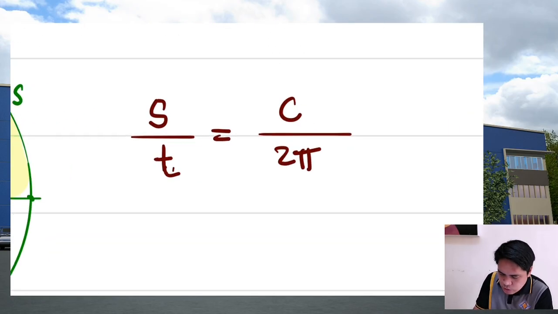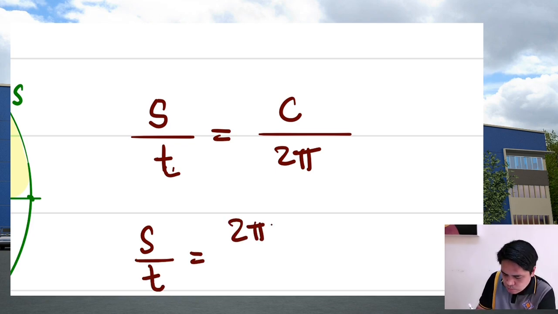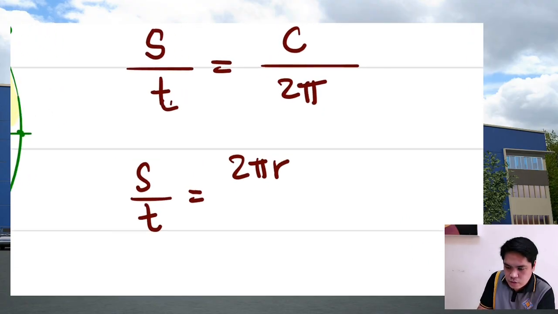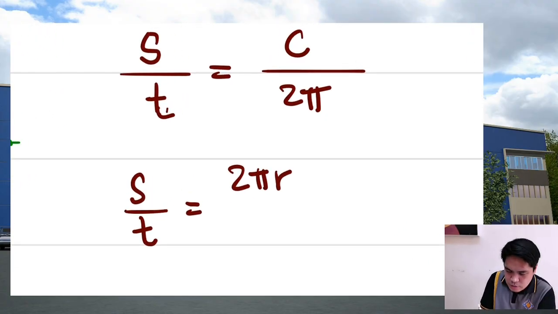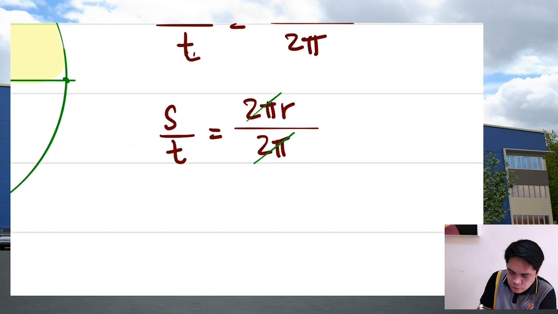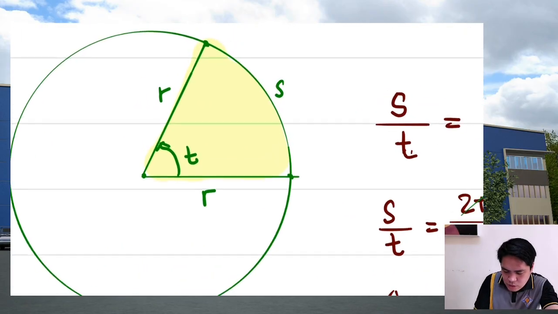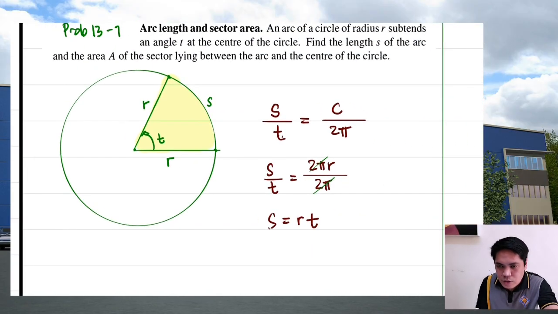And since we know for a fact that circumference is 2 pi r, right? Or pi d, over the same 2 pi. So we could cancel out 2 pi. So therefore, solving for S, S is just simply r times t in terms of radians. Yun na yung dinidescribe ng radian.